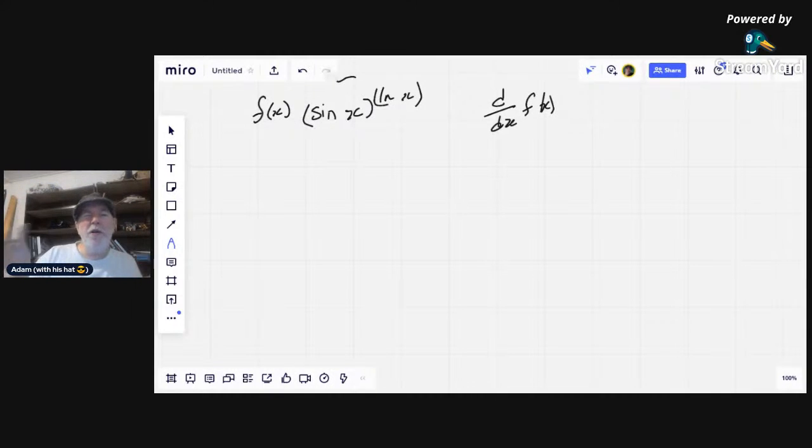Okay, and the way I'm going to do it might cause some people some upset, but I do things sort of a whacked out way, and maybe it'll help and maybe it won't. I don't know. Because we've got two functions here, I'm going to, for a little bit, treat them as separate.